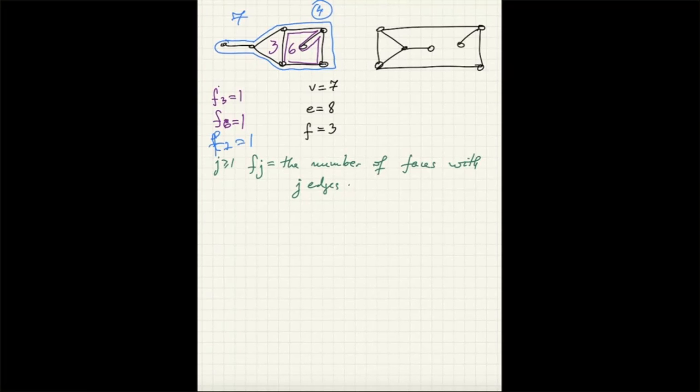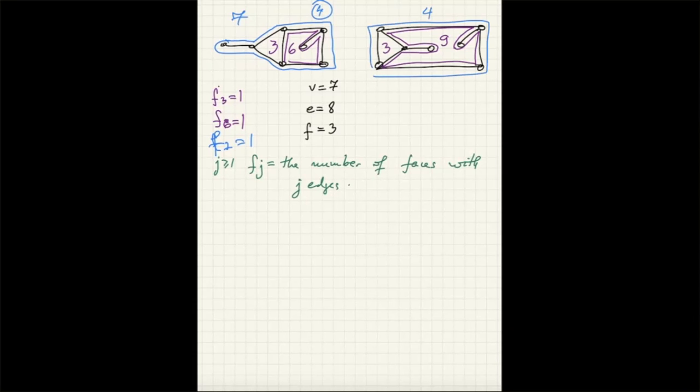Now over here we have another one of length 3, the triangle, and then if we do the other bounded face, we have 1, 2, 3, 4, 5, 6, 7, 8, 9. So this one is 9. And the outer face, it's clear that it has length 4.